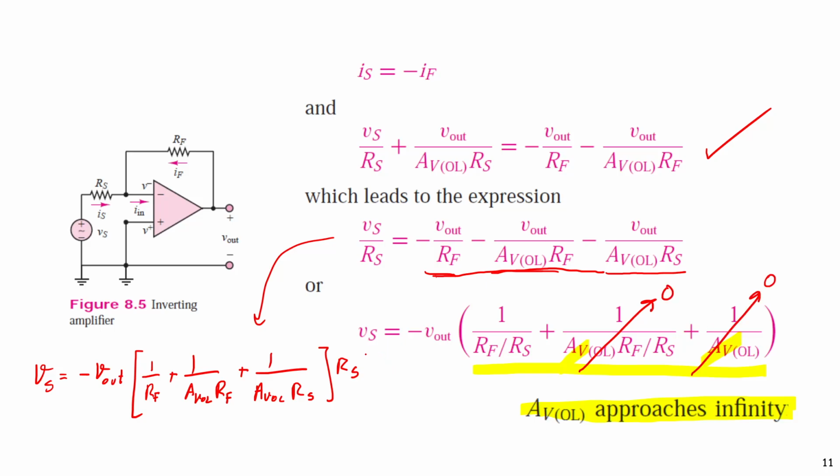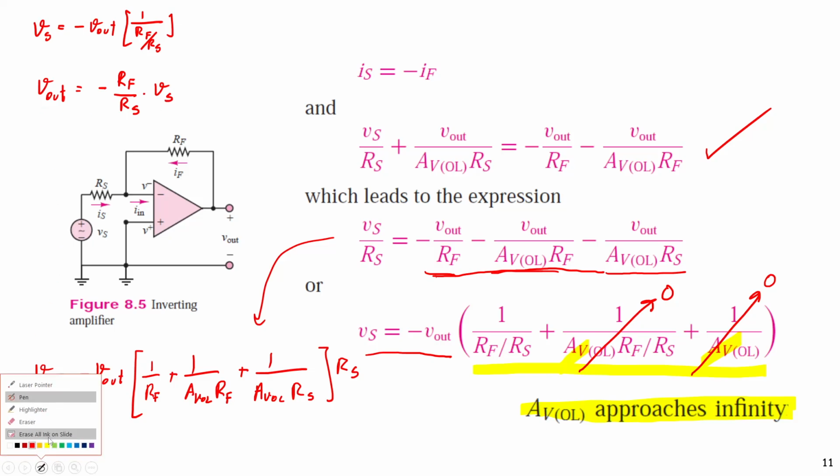So the relation between Vs and Vout is Vs is minus Vout into 1 by Rf by Rs, or Vout is minus Rf by Rs into Vs, right?